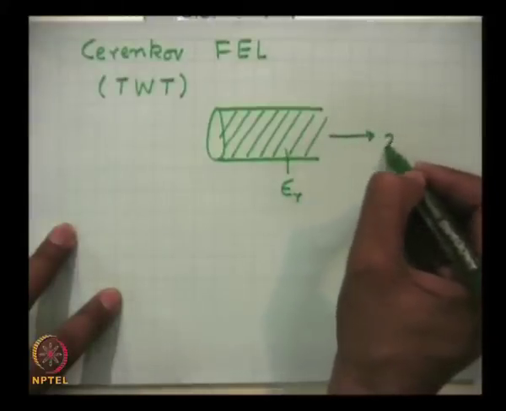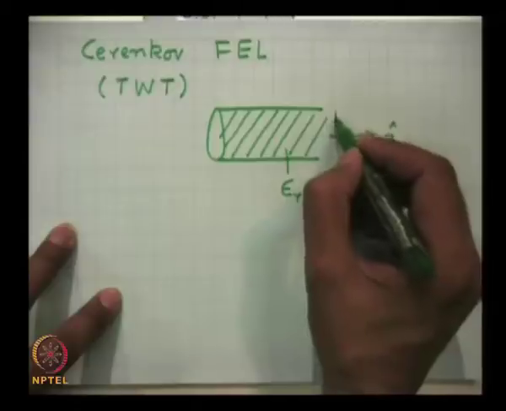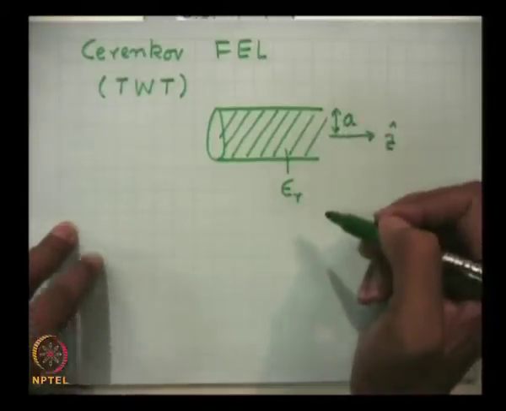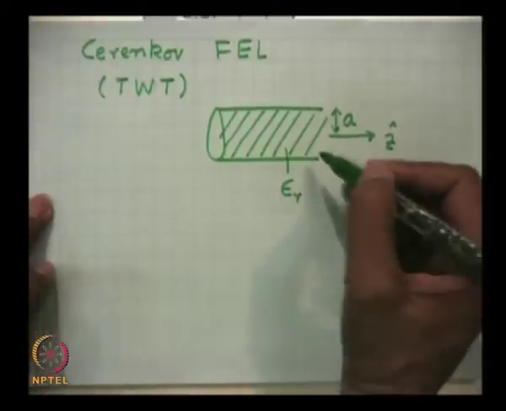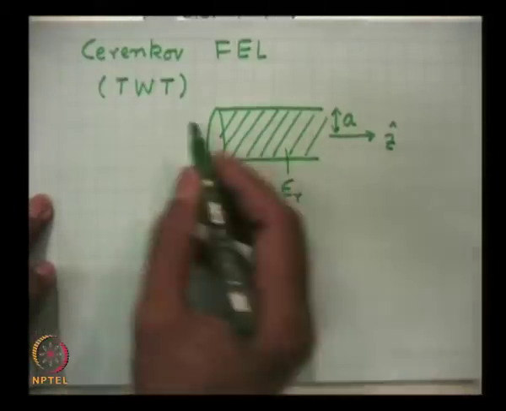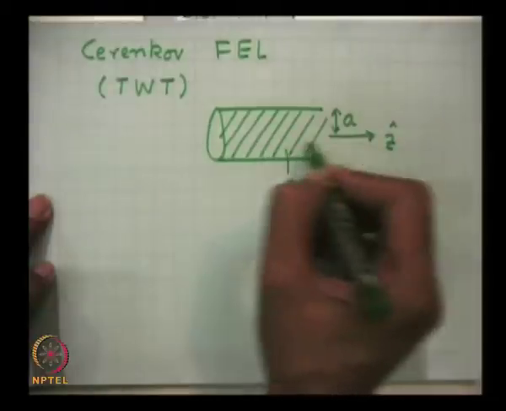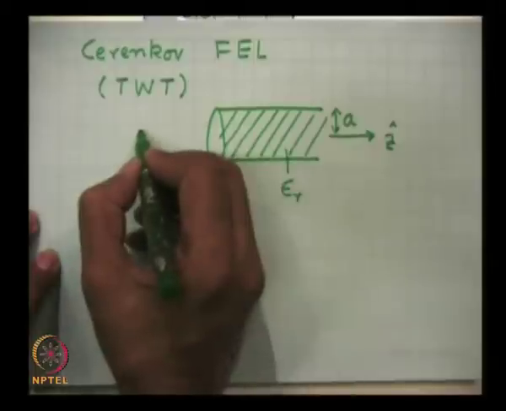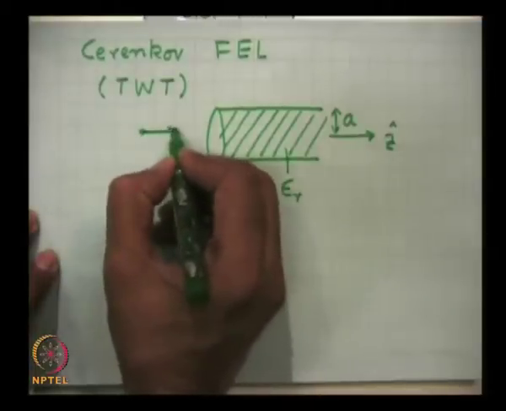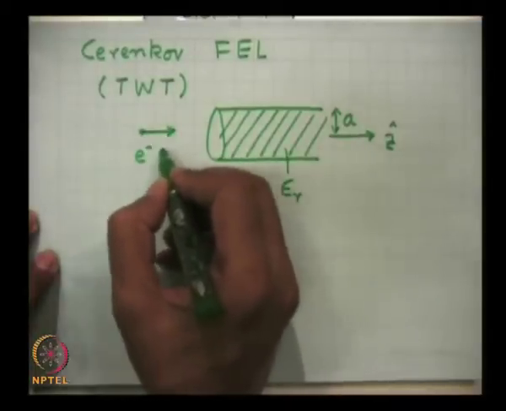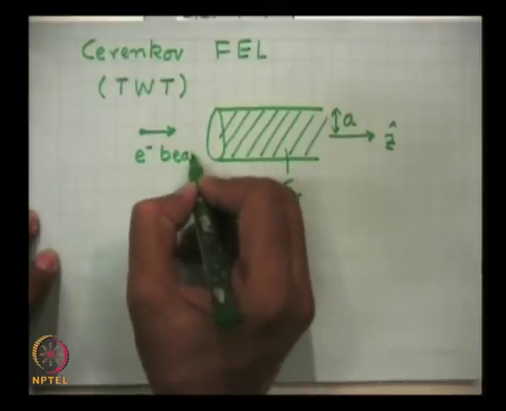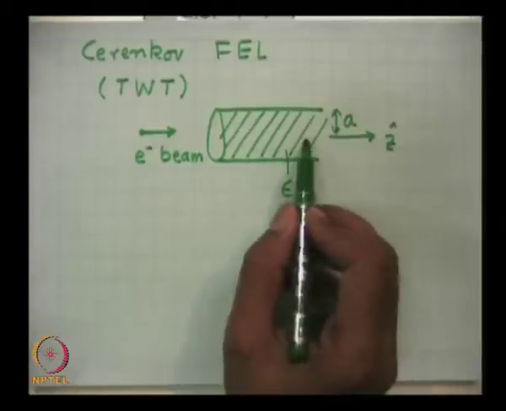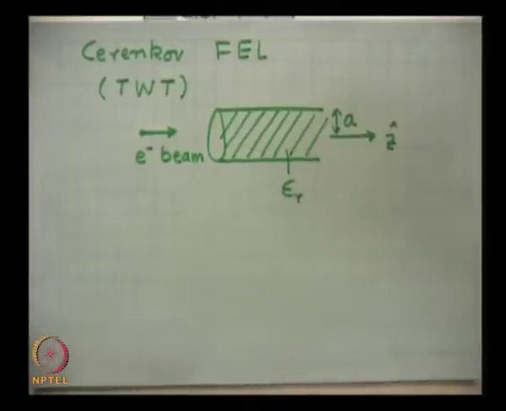This I will take as the z axis, and the radius of the waveguide I will choose as a, and I will be considering the excitation of a TM mode of the waveguide. A TM mode is the mode which has a component of electric field in the z direction also. So, the electron beam will be launched into this device, and we would like to see how the wave amplitude grows in this structure.